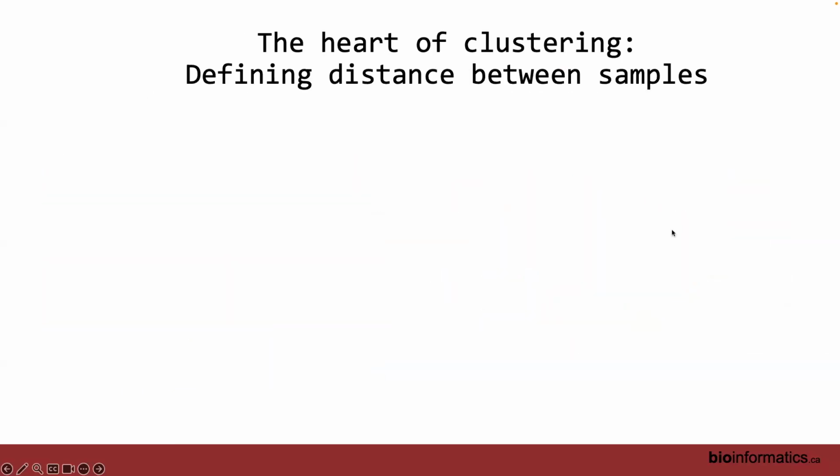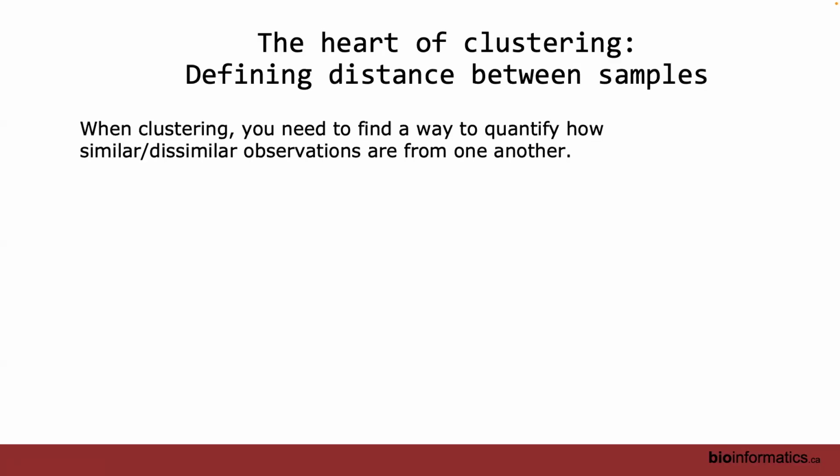The heart of clustering, speaking mathematically, is finding the distance between samples. So you need a way to quantify, given 2 samples, suppose you've done RNA-seq on them. Now you have 20,000 numbers for each of the 20,000 genes.